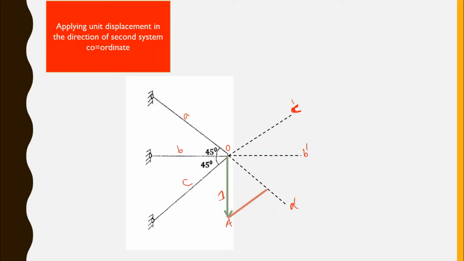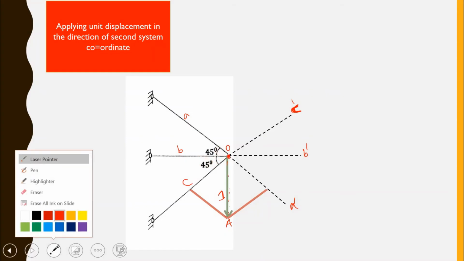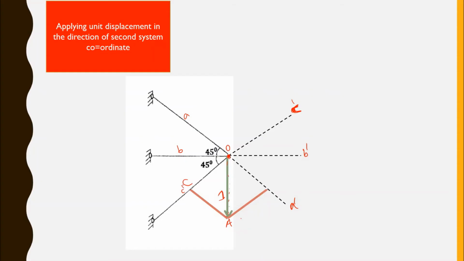Okay, for the extended member A, I will draw a perpendicular to the line OA dash, and I draw a perpendicular to OB dash, but since it is coinciding at this point O itself, and I draw a perpendicular to OC dash, but since OC dash is in this direction, I can draw only a perpendicular to this line, so this length OC dash, let me say this is C double dash, so OC double dash will be taken as negative since it is measured in the opposite direction of OC dash.